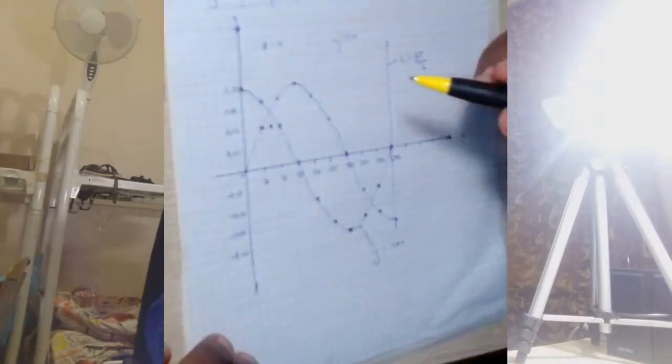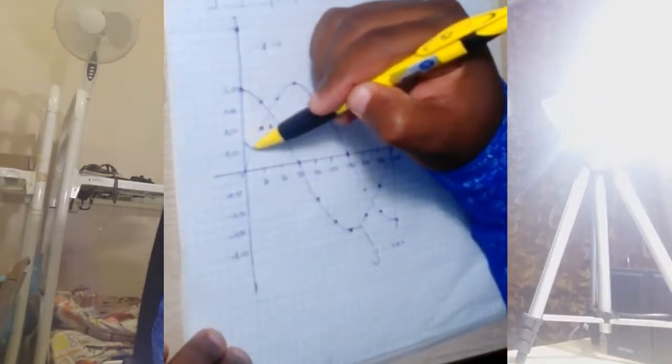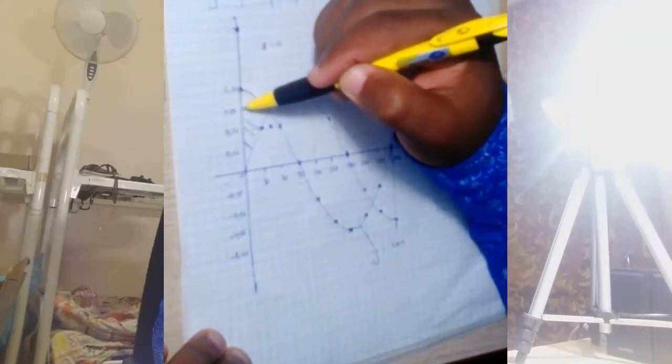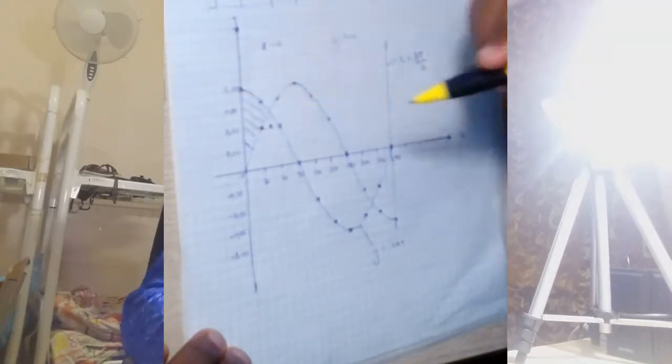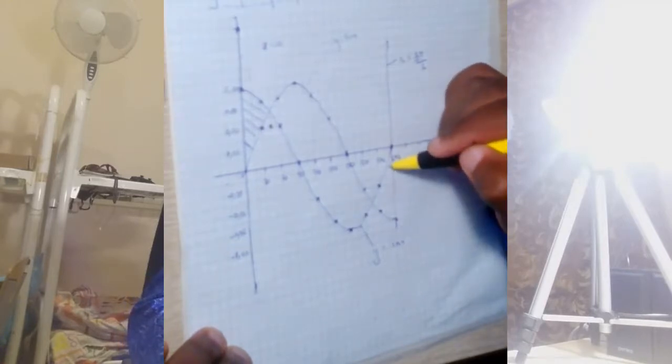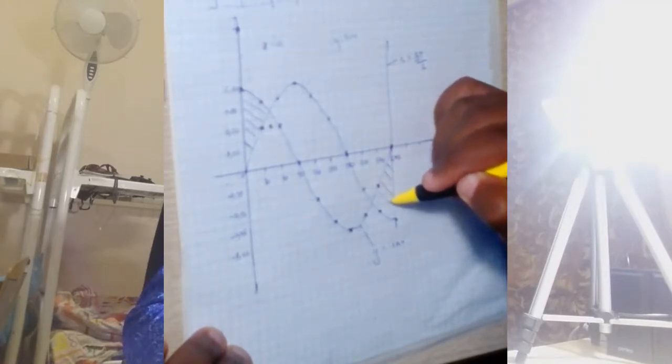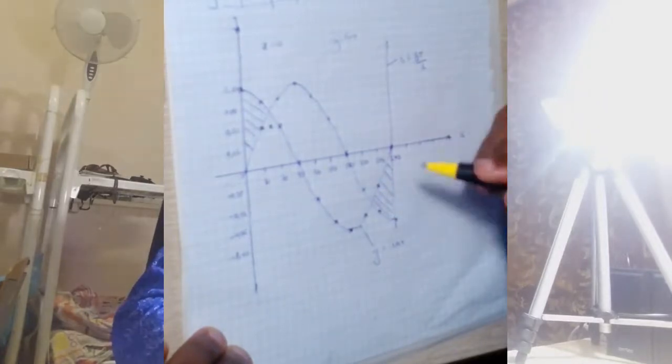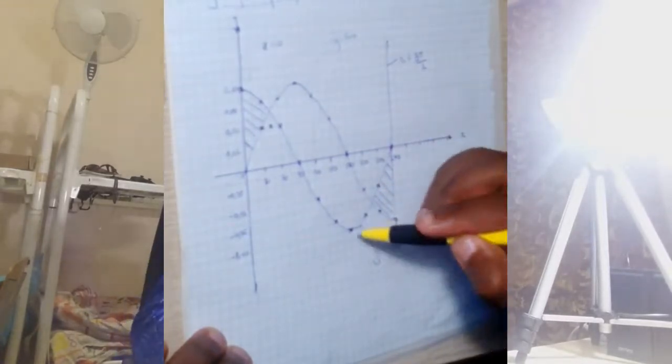So I can actually see that this portion is bounded by these same graphs, and I have this portion bounded by the same graphs, and I have this portion.